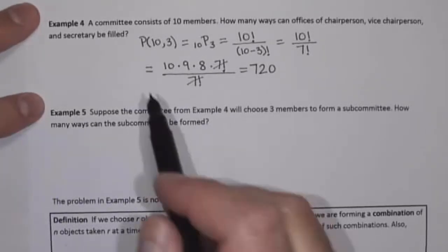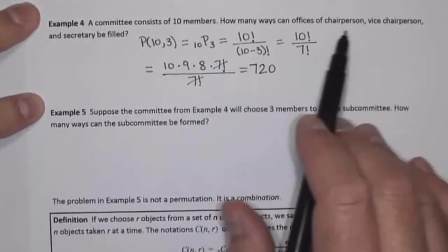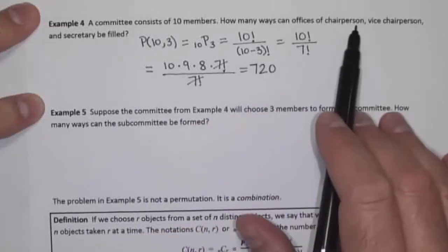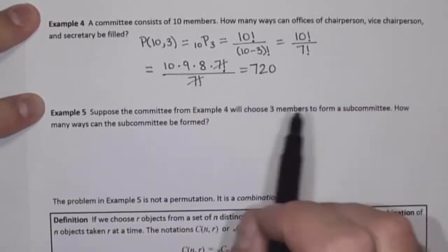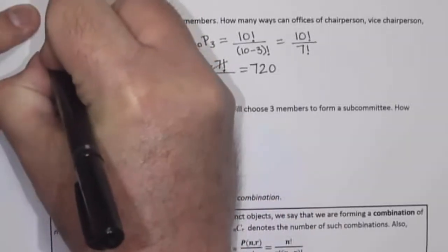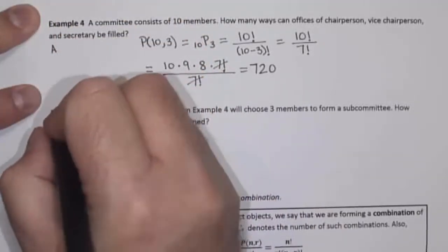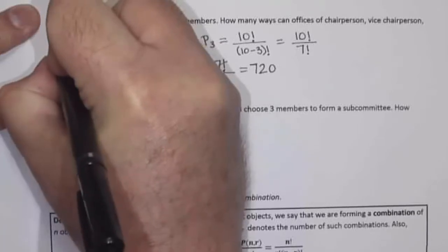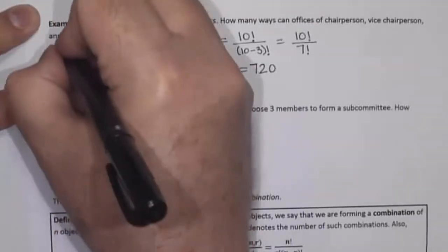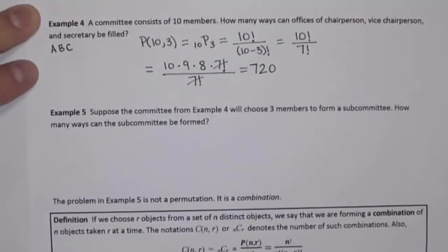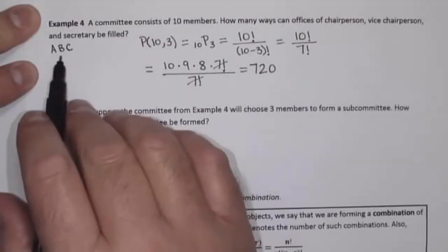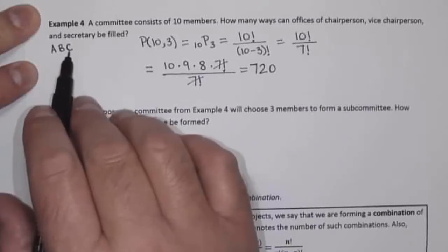So think of it this way. Suppose that the 3 members that were selected in example 4 are designated A, B, and C. So if member A is selected to be the chairperson, and member B is selected to be the vice chairperson, and member C is selected to be the secretary, so those would be the 3 members selected, and this order matters.